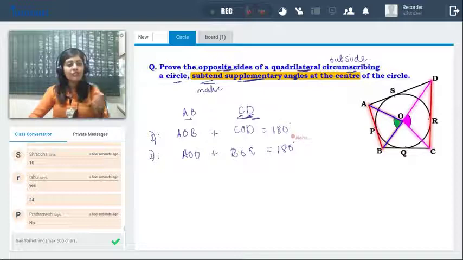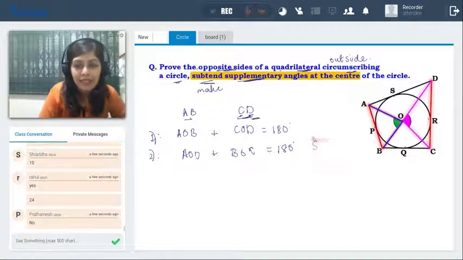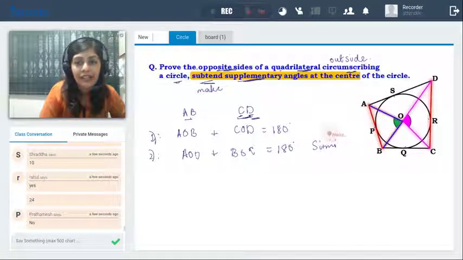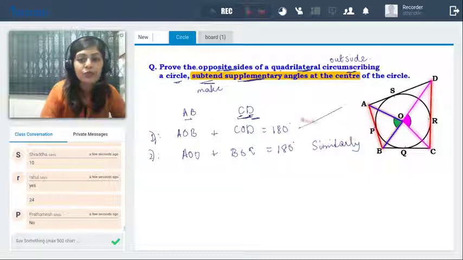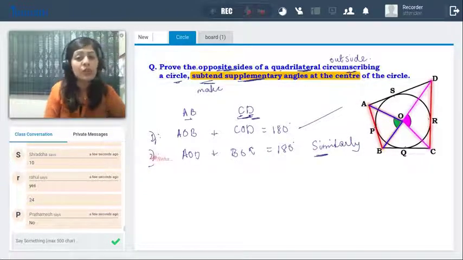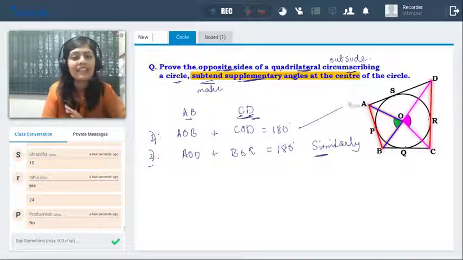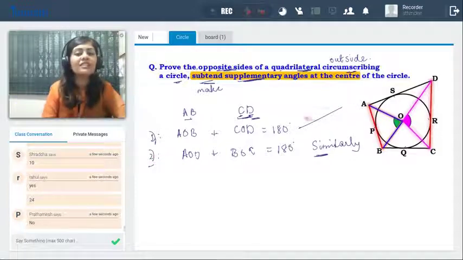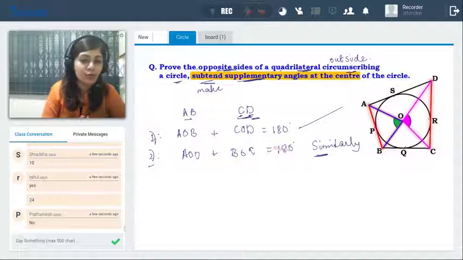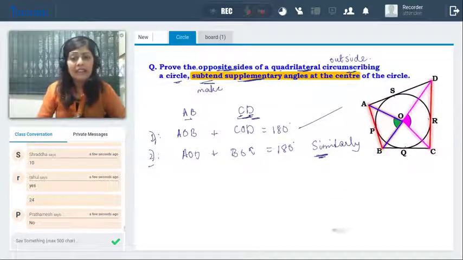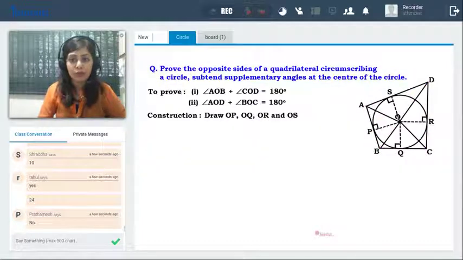But geometry has this magic word, similarly. You can just prove the first part and say similarly you can prove the second part. In this case it is extremely easy, so we'll just go ahead and solve it. It's just another two steps. Otherwise you could also say similarly. Now that is about what we are supposed to do.